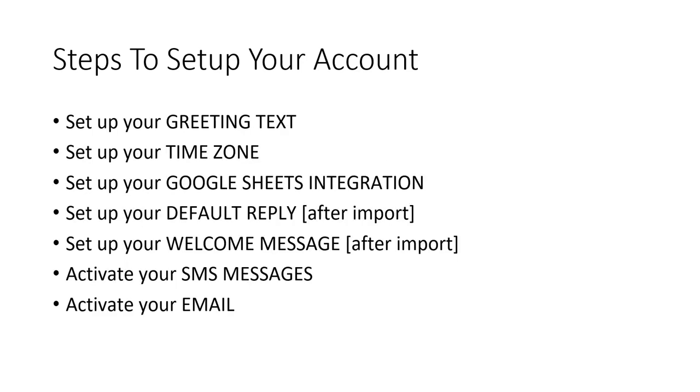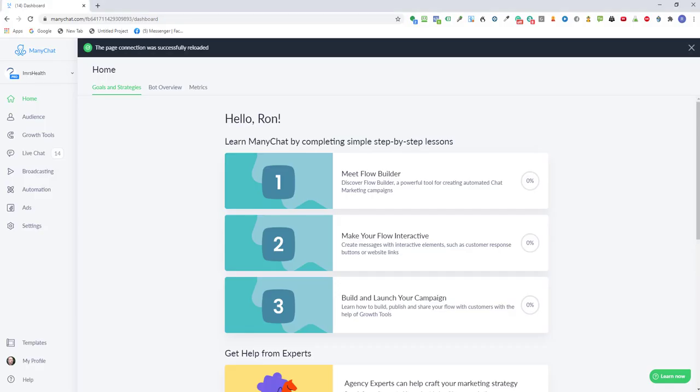So what I'm going to do now is I'm going to bring in the Manychat on the internet. And the first thing that we're going to do is to set up the greeting text. Okay, well, where do you find that? Okay, this is the Manychat account.